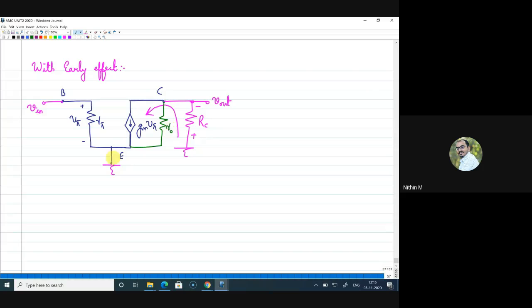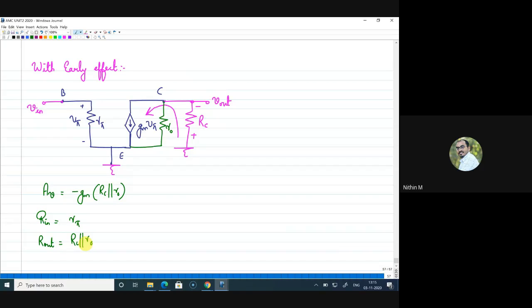Now emitter is ground, RC is also connected to ground, so the only difference is that AV becomes minus gm into RC parallel to R naught. What about input impedance? There is no change, which is R pi. Output impedance has a change, which is RC parallel to R naught.